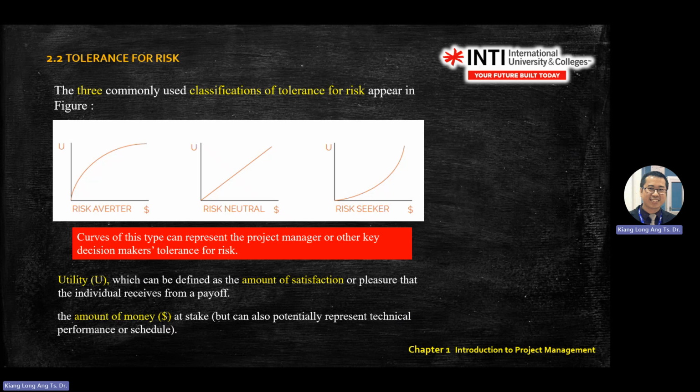How do you know the project manager is a risk seeker? They will sacrifice themselves in the early stage, but as they get more and more involved in the project, they will seek higher profit.